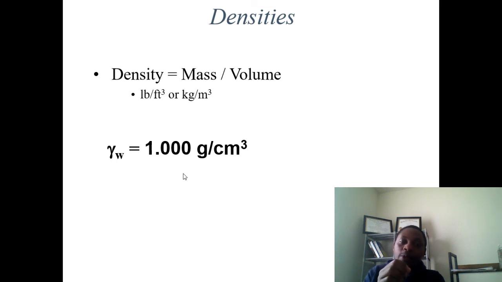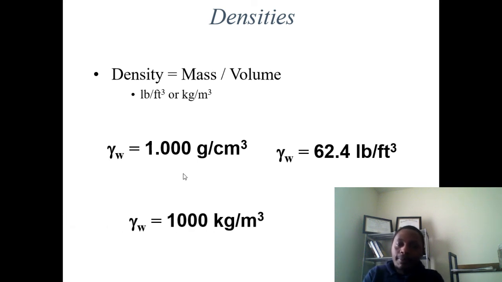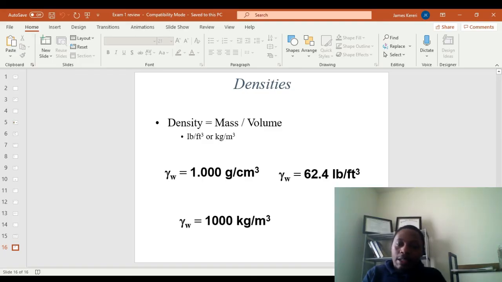This is the absolute density for the water, which is what we use as a standard.